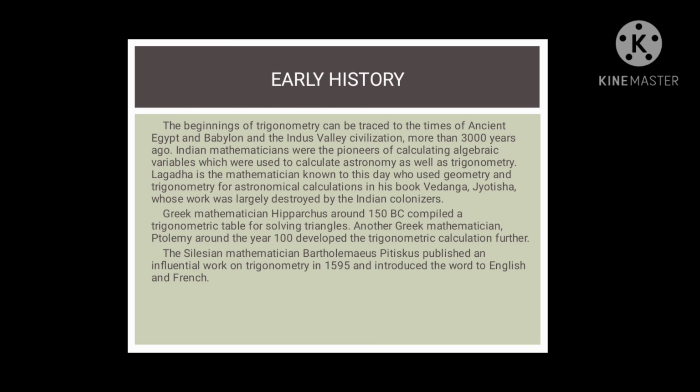Lagadha is the mathematician known to this day who used geometry and trigonometry for astronomical calculation in his book Vedanga Jyotisha, whose work was largely destroyed by the Indian colonizers.